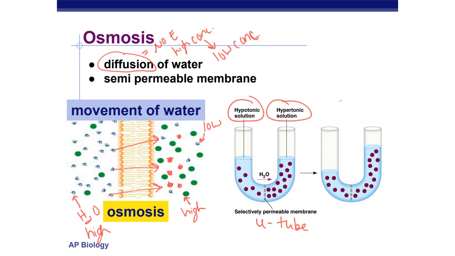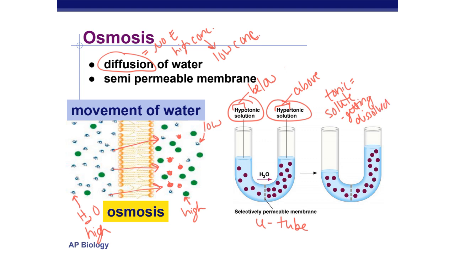This is a time again where prefixes and suffixes will be important. Hypo means below or less. Hyper, like hyperactivity, means above or more. When we see tonic here, tonic is referring to the solute, which is the part of the solution that's getting dissolved or broken down.